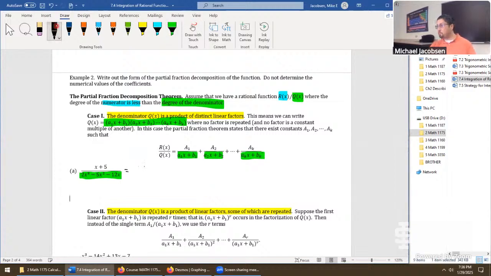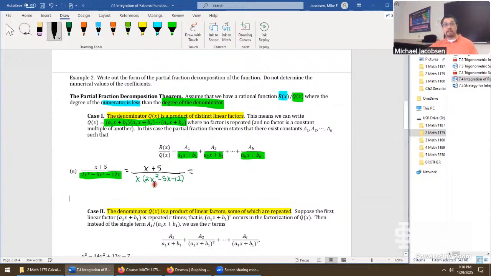So this turns into x plus 5 to start. In factoring out that denominator, I would almost always say go for the greatest common factor first if you spot it. It would be just x in this problem. So x factors out, leaving behind 2x squared minus 5x minus 12.